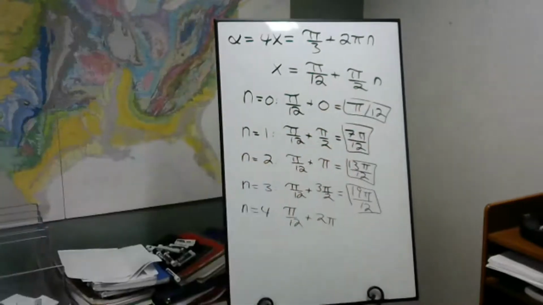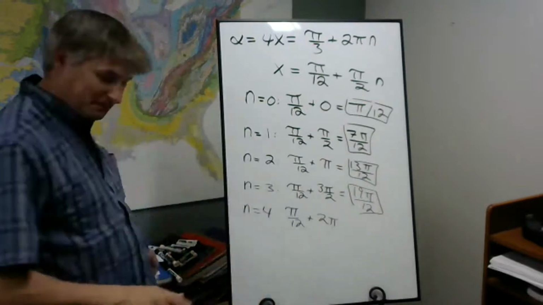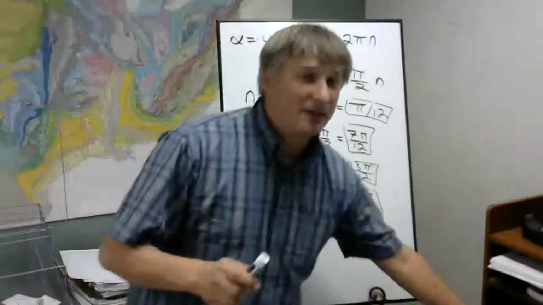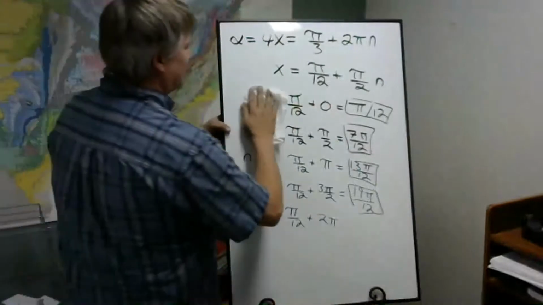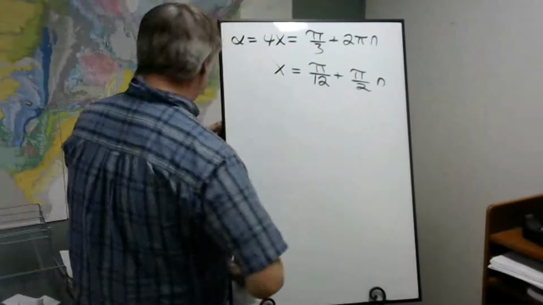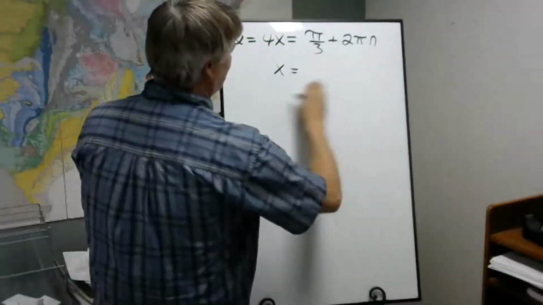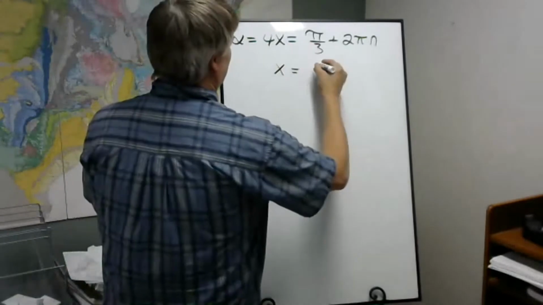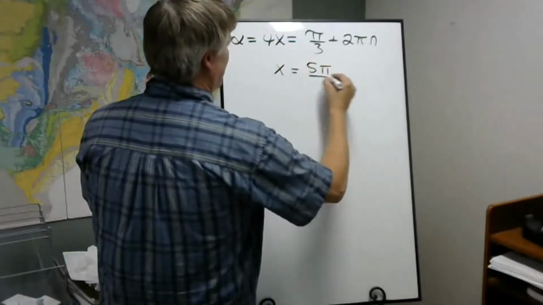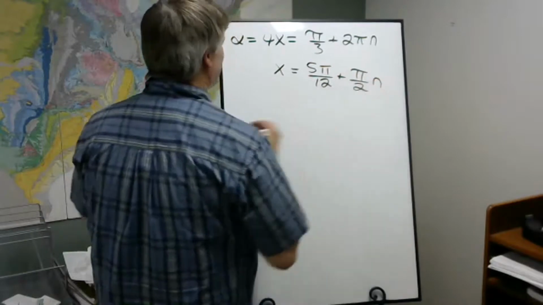So first off, and this one's got quite a few answers. Let me double check real quick here. All right. So that's the first set. Next set. So we have pi over 12. The next one, 5 pi over 12 plus pi over 2n.